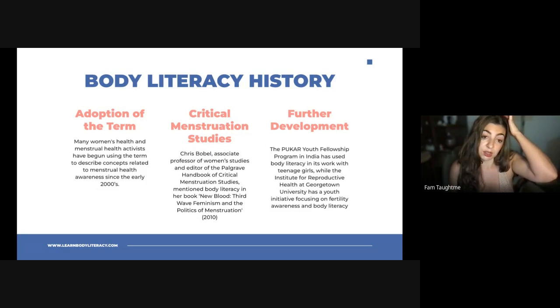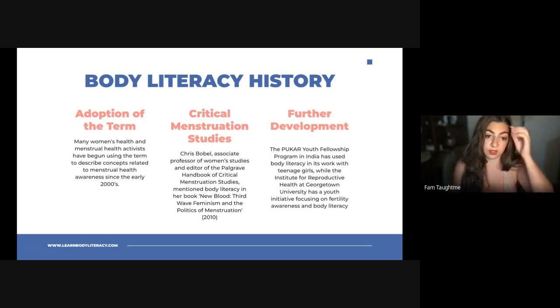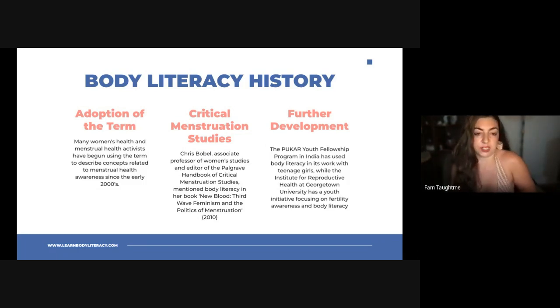And she also mentioned body literacy in one of her books, New Blood, Third Wave Feminism and the Politics of Menstruation, in 2010. So you can see that the term was developing over the past 20 years or so. And now there are, both in India and in the US at Georgetown University, health initiatives that use the term body literacy.